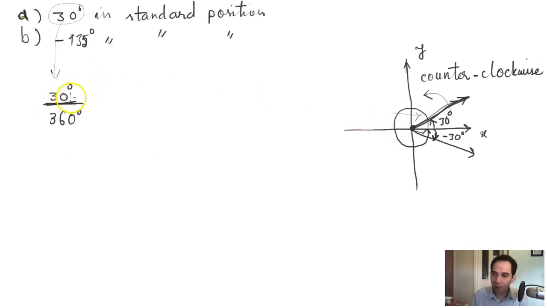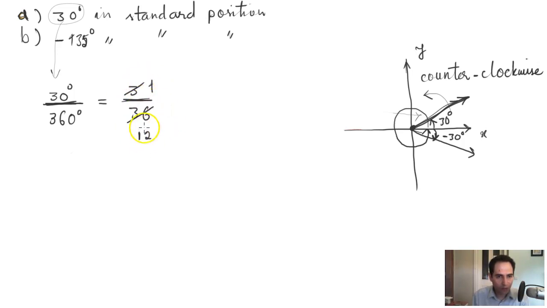So it's basically 30 over 360. You can simplify this: divide both the numerator and the denominator by 10, and you would get 3 divided by 36, forgetting about the angle sign for now. Then divide both the numerator and denominator by 3, and you would get 1 divided by 12.